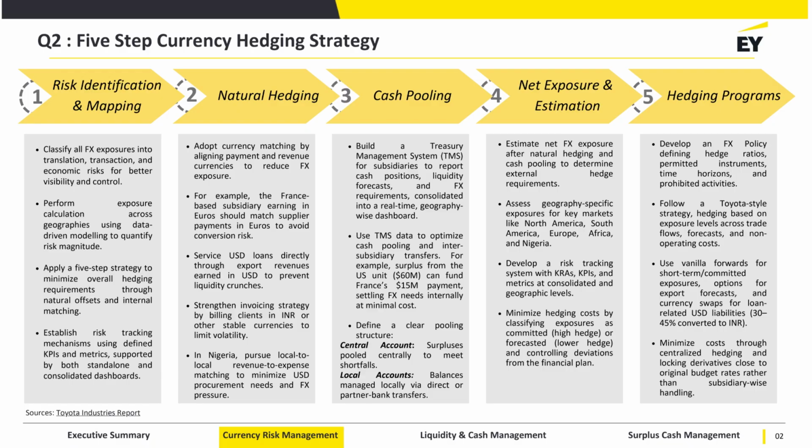Finally, our hedging program takes into account an incredibly detailed foreign exchange policy which defines various metrics such as hedge ratios, permitted instruments, time horizons, prohibited activities, and various other particulars as well. Our hedging program follows the style of Toyota, which looks for minimization of cost and maximization of effectiveness.